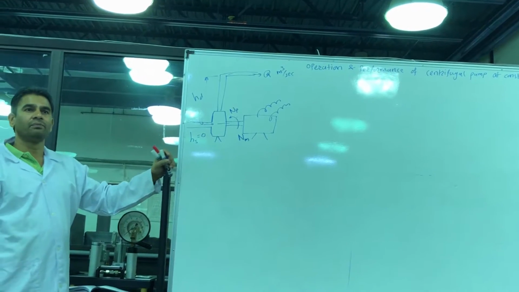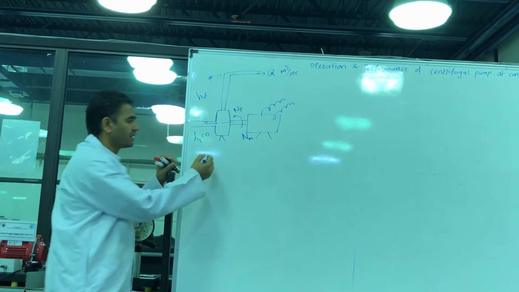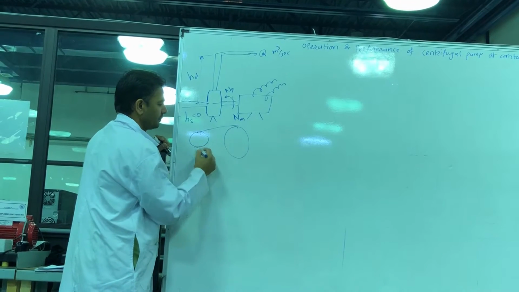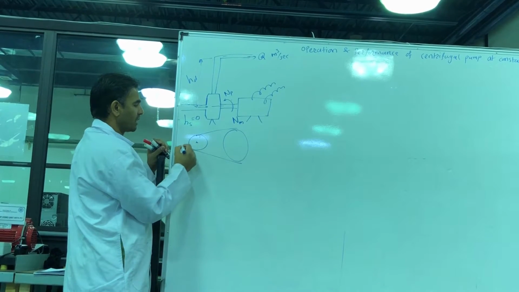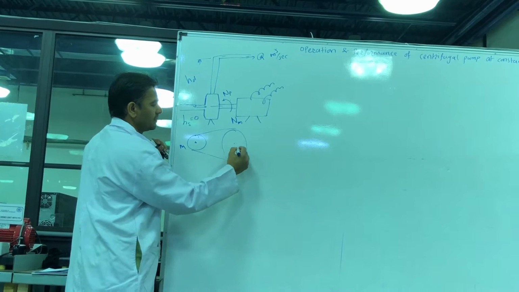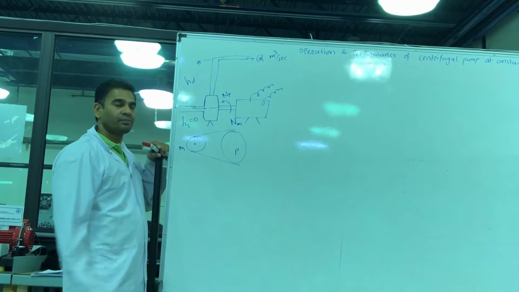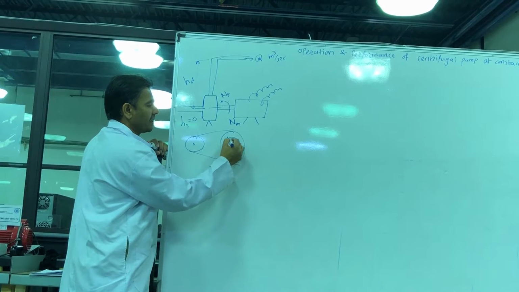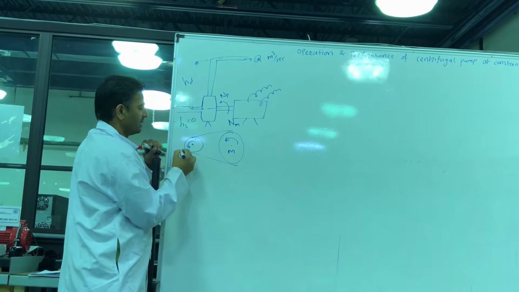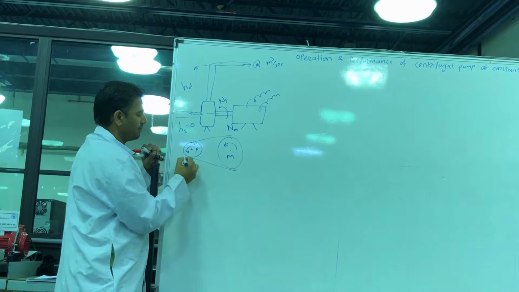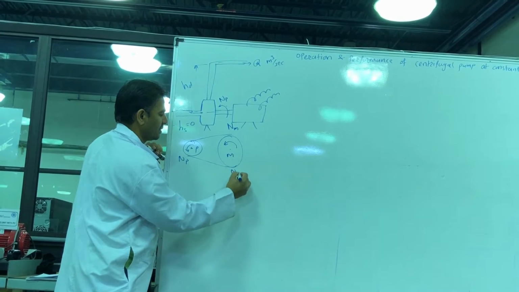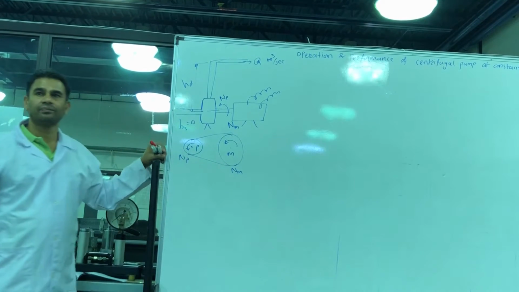What is the relation for a gear drive? You studied it in 105. If this is the motor, which is the driver, and this is the driven pump, how can we find NP from NM?